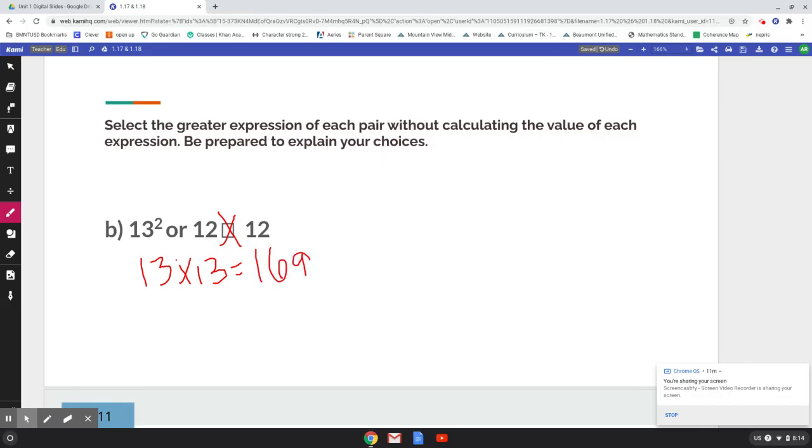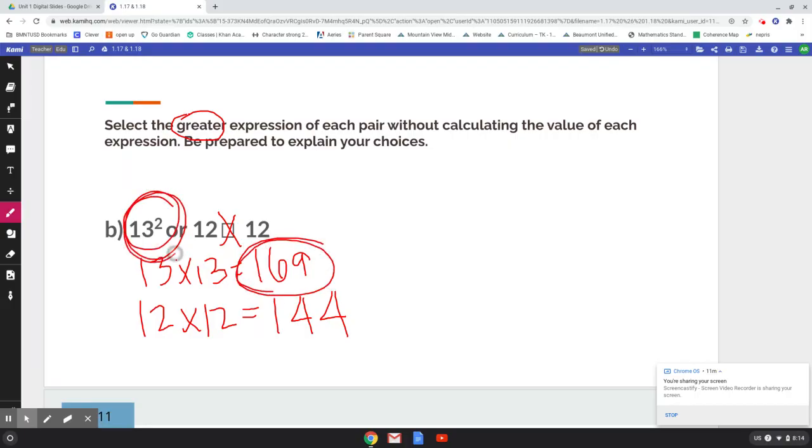Okay, and then now I'm doing 12 times 12. So 12 times 12 is 144. So it says, which one is greater, 13 squared or 12 times 12? And the answer is 13 squared. So that would be the one that you circle.